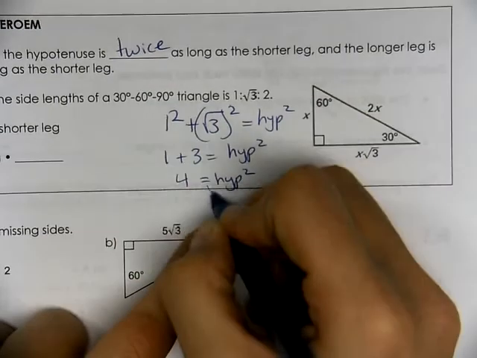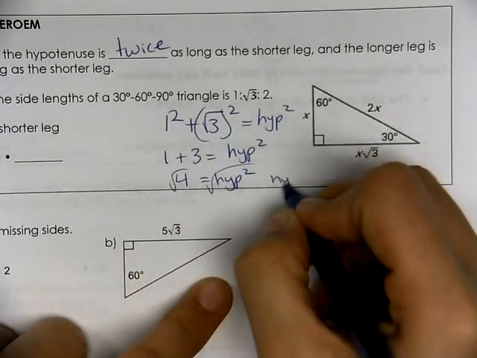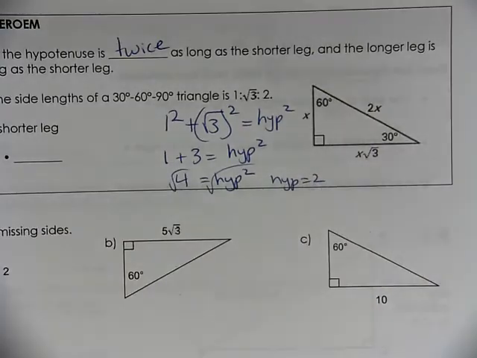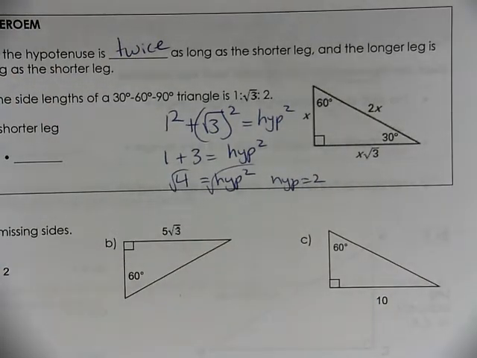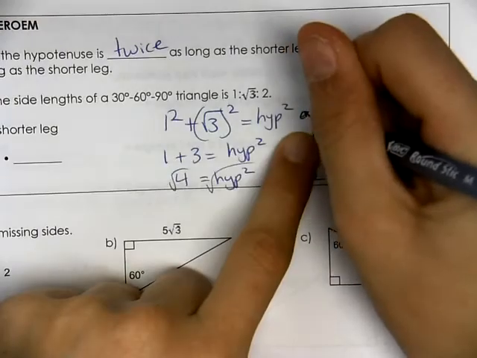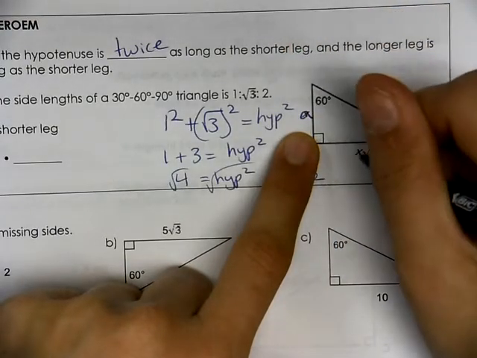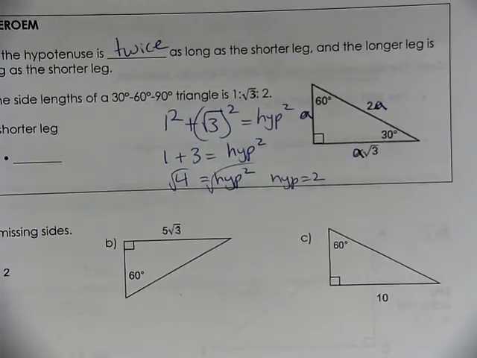So now do you see, if I take the square root, I get the hypotenuse is 2. So again, that's just how the pattern's created. Somebody a long time ago figured out this pattern. So here, let's do a, 2a, and a square root 3.